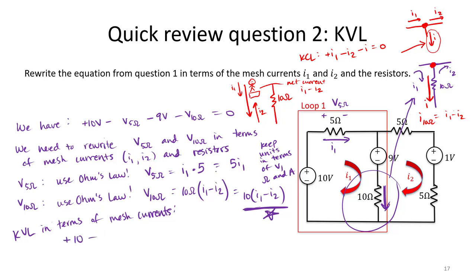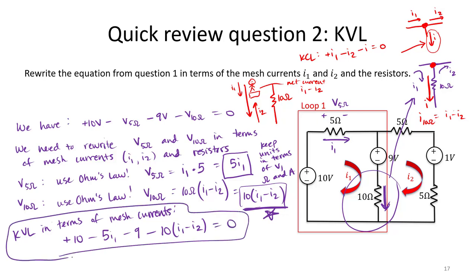Minus voltage across our 5 ohm resistor, which was 5I1, minus 9 volts, minus voltage across our 10 ohm resistor, which was 10 times I1 minus I2, equals 0. And there you have it. There is our Kirchhoff's voltage law equation in terms of the mesh currents I1 and I2 and our resistors.